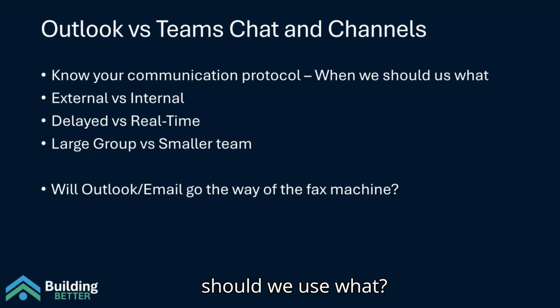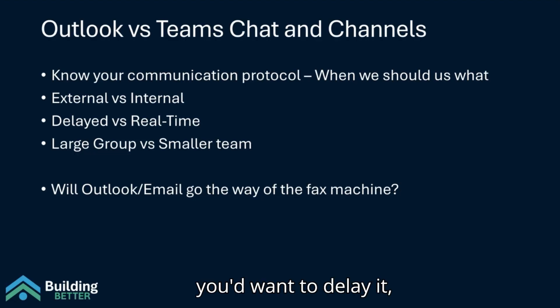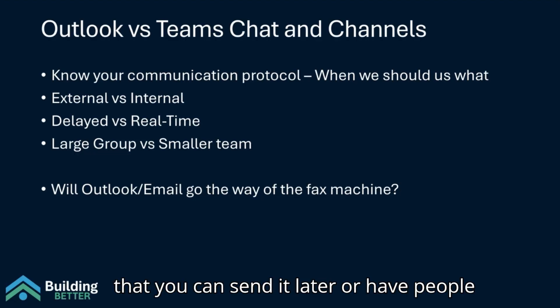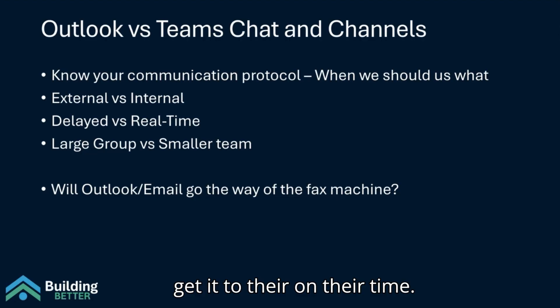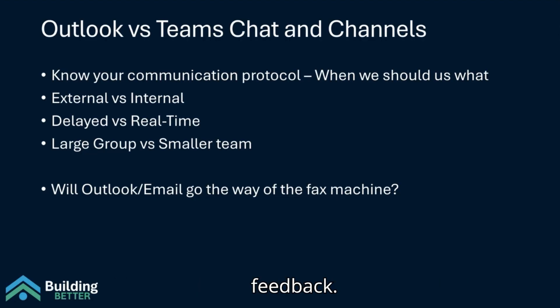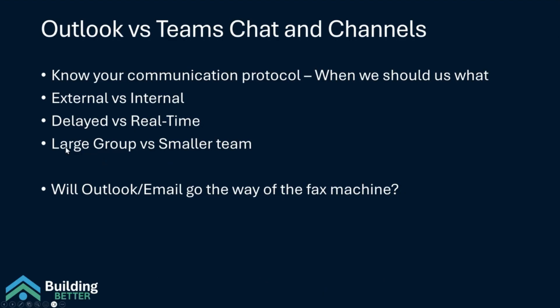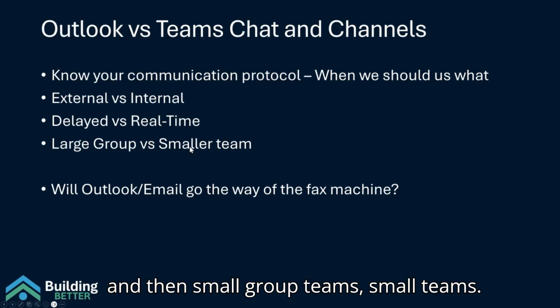When should we use what? And then external versus internal, real time versus delayed, if you want to send it later or have people get it on their own time. Teams is much more of an instant feedback. I would also say Outlook is for the larger group, and Teams for small groups.